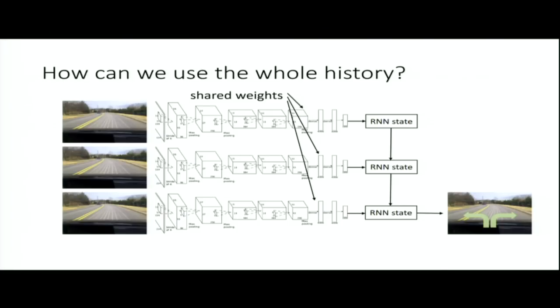And then the output of this is fed to a recurrent neural network that actually propagates information forward in time. And it's trained in the same way as before, so it's trained to maximize the probability of the actions observed in the training data, so it'll figure out how to use these weights to do sensible things. The particular design of these RNN cells is a little delicate, so you have to be a bit careful there.